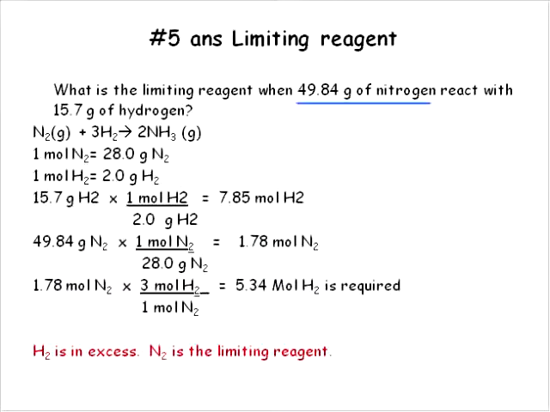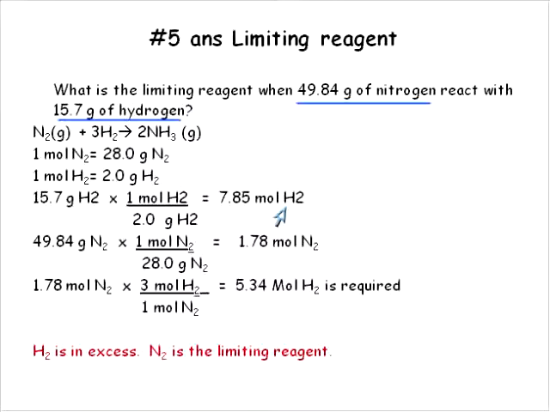And the next one we have 15.7 grams of hydrogen, H2, with a subscript 2. So 15.7 divided by 2 is 7.85 moles of hydrogen. So 49.84 grams of nitrogen is equal to 1.78 moles of nitrogen, and 15.7 grams of hydrogen is equal to 7.85 moles of hydrogen.